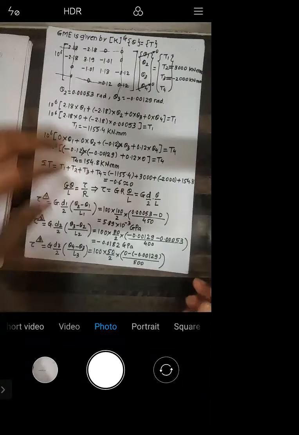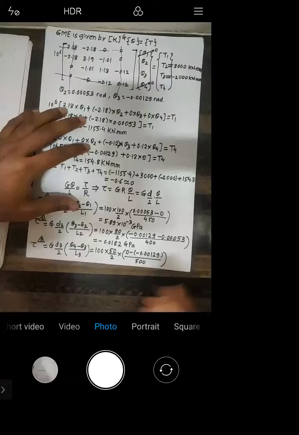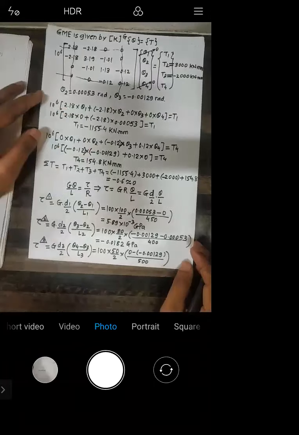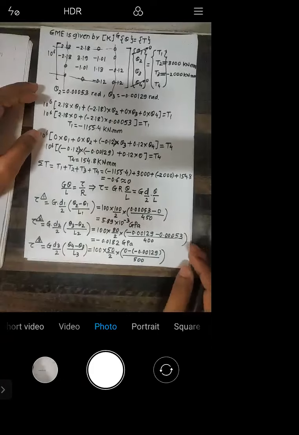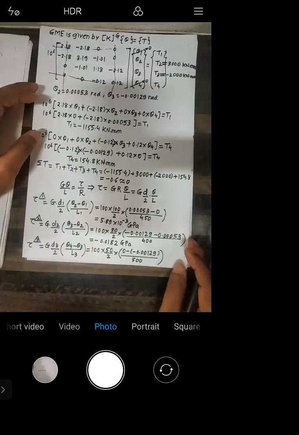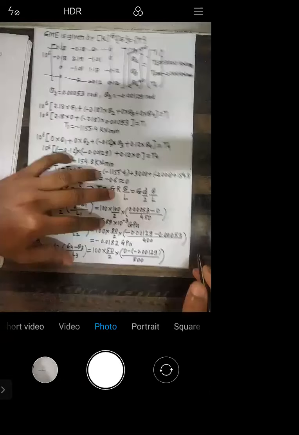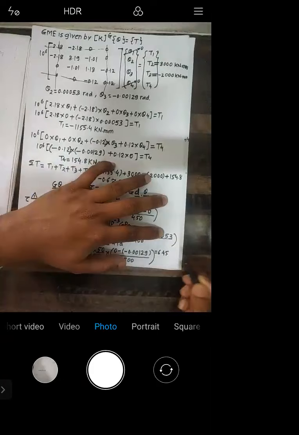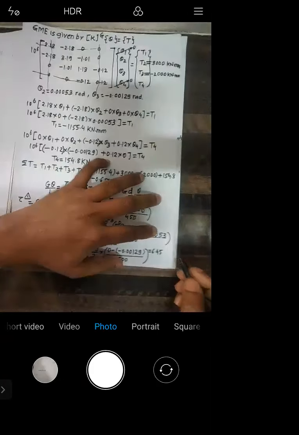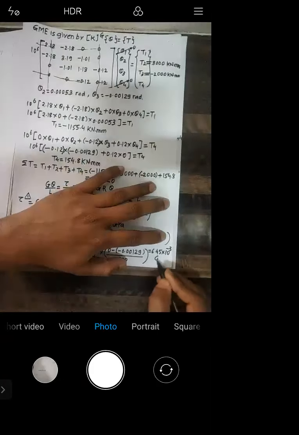So just get this answer: 6.45 into 10 raised to minus 3 gigapascal.